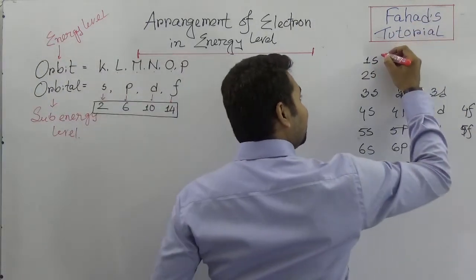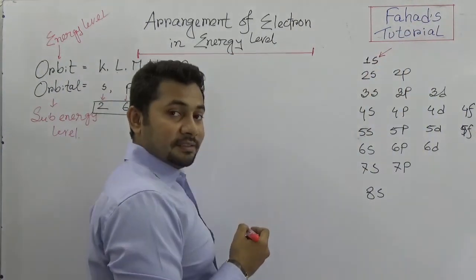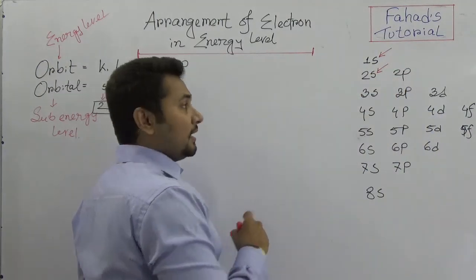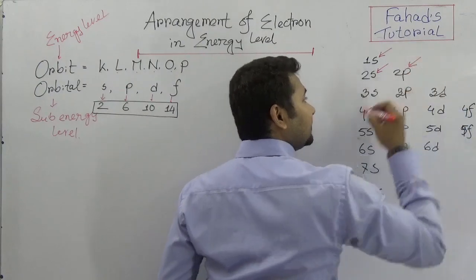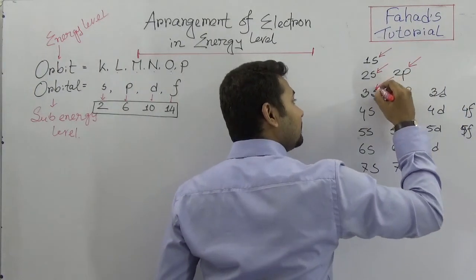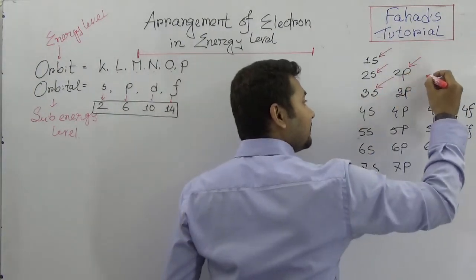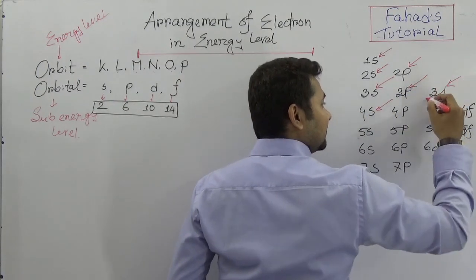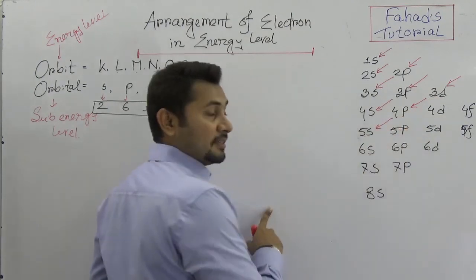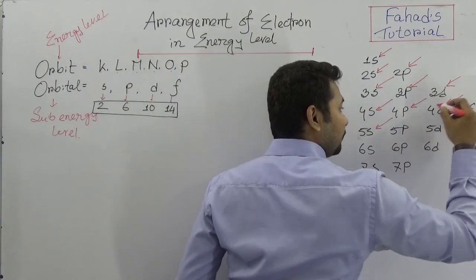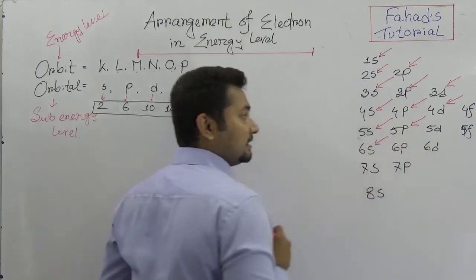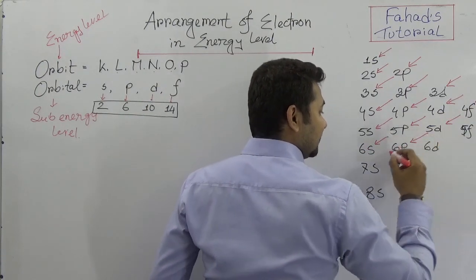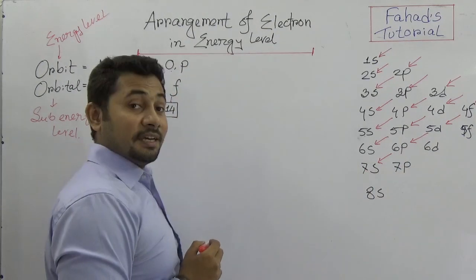At first we have the 1s orbital, and then we'll have 2s, and then 2p, then 3s, and then 3p, 4s, then after 3d, 4p, 5s, then after 4d, 5p, 6s, then after 4f, 5d, 6p and 7s.